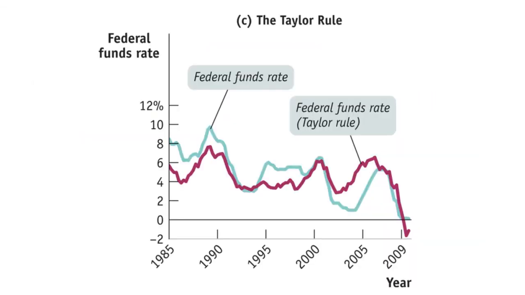This table is showing the actual federal funds rate compared to the predicted federal funds rate according to the Taylor Rule from 1985 to about 2010. Now you can see that these are not identical. The Taylor Rule isn't perfect in terms of the exact percentage point, but you also can see that when the federal funds rate is rising, the Taylor Rule is rising with it.